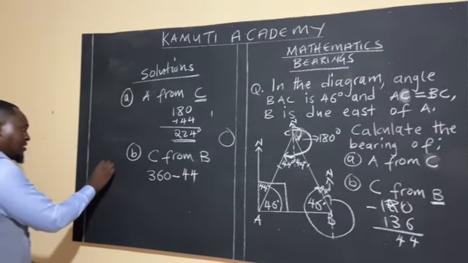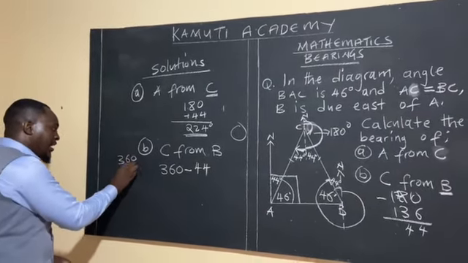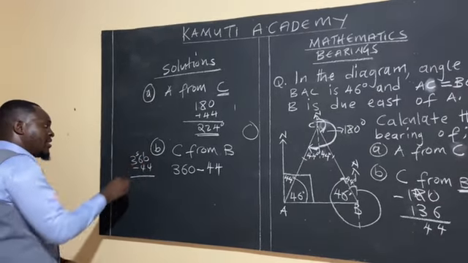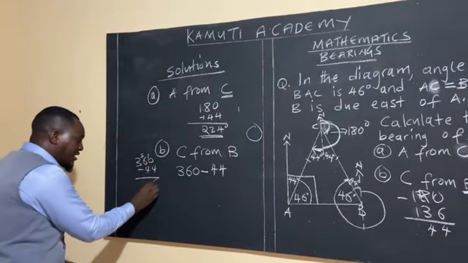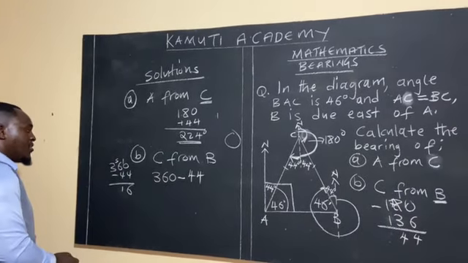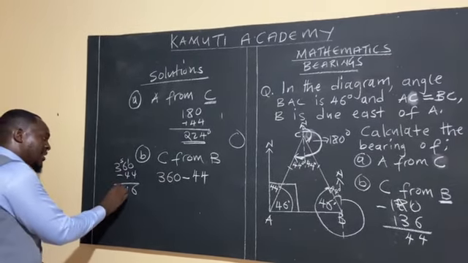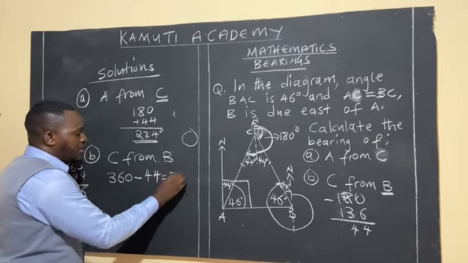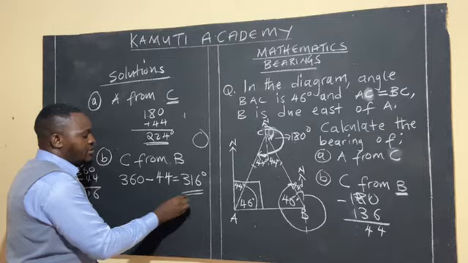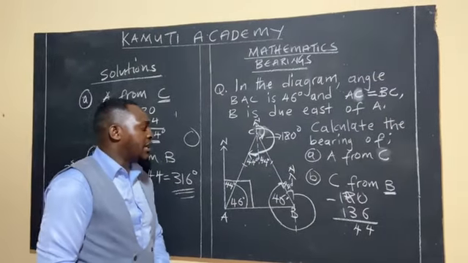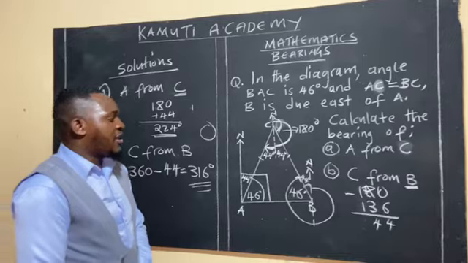How do I get that? 360 minus 44. We do some subtractions. There we get a 5, 10. 10 minus 4 is 6. Then 5 minus 4 is 1. 3 minus 0, we just get a 3. So the final answer is 316 degrees. These are the solutions that we've gotten for part A and part B.